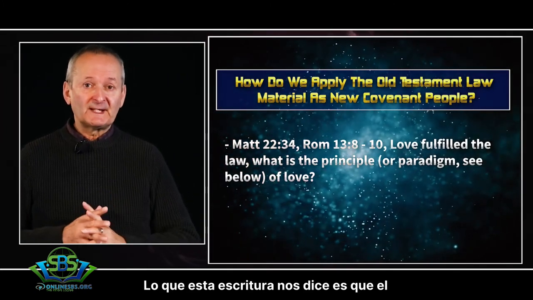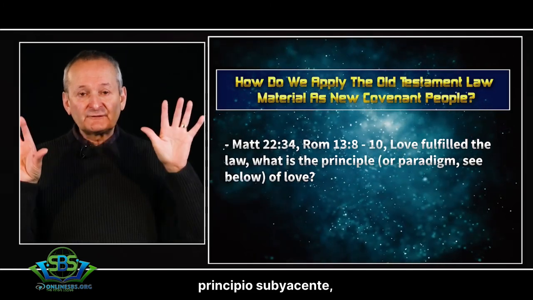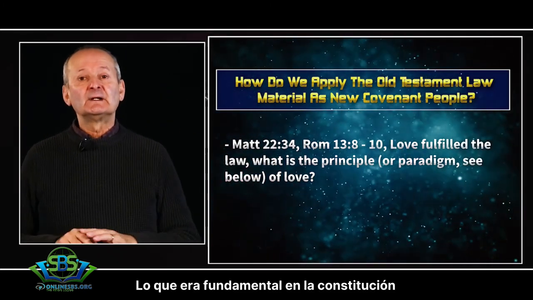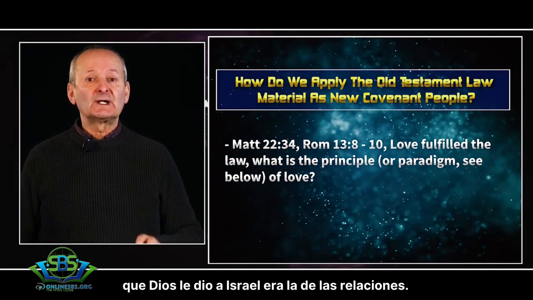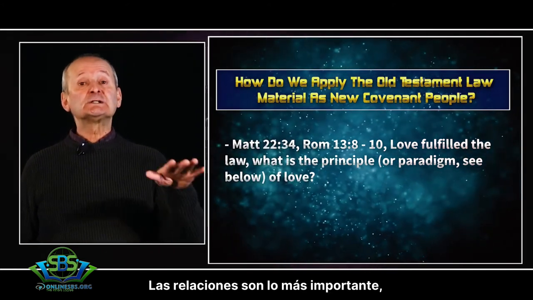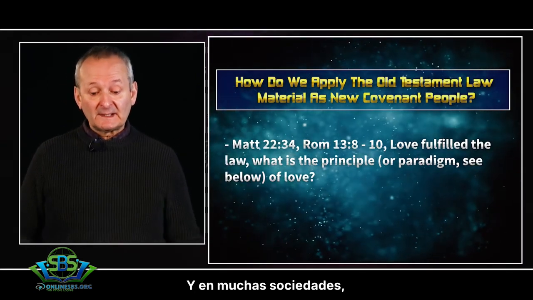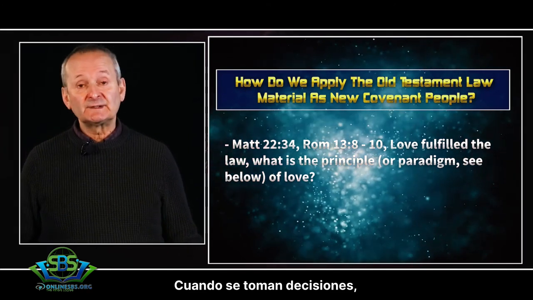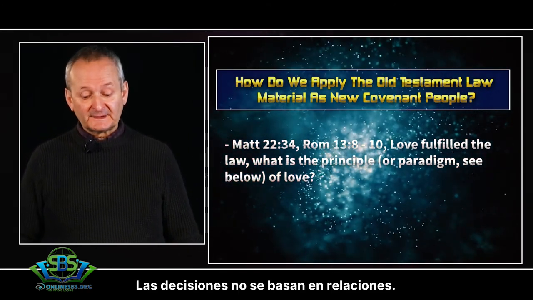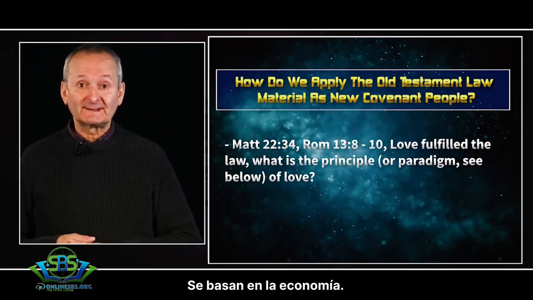And what this scripture tells us is that the underlying principle, the thing that was foundational in the constitution that God gave Israel, was that of relationships. Relationships were the most important thing. And in many societies, when decisions are made, the decisions are not based on relationships, they're based on economics.